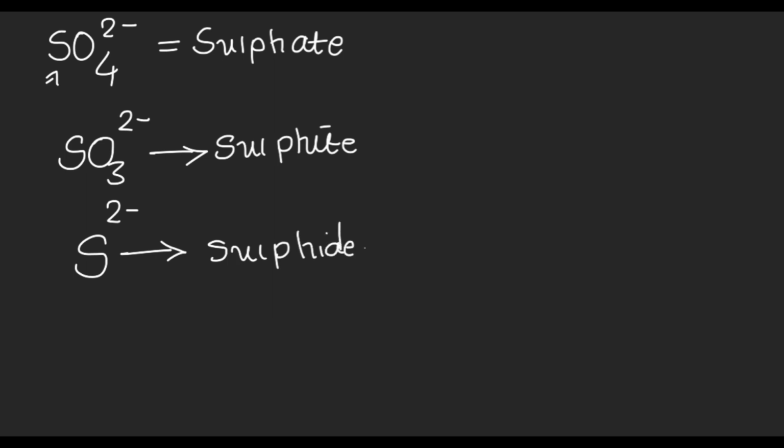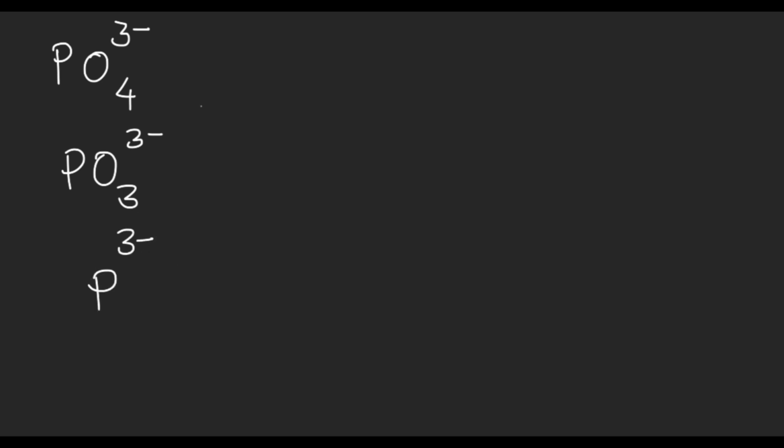So let's hope by now you've gotten the concept here. Right, we'll deal now with this one, PO4 with 3 minus, PO3 with 3 minus, then P with 3 minus.